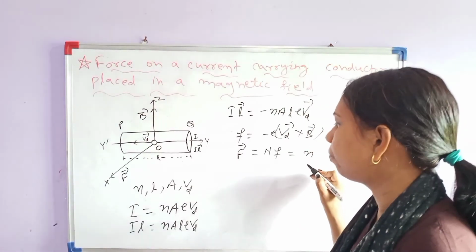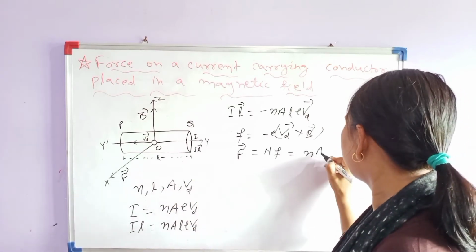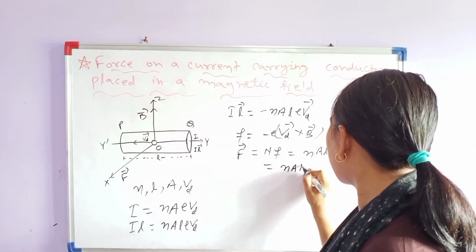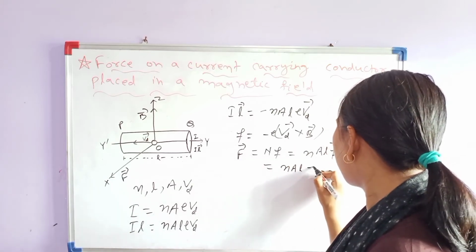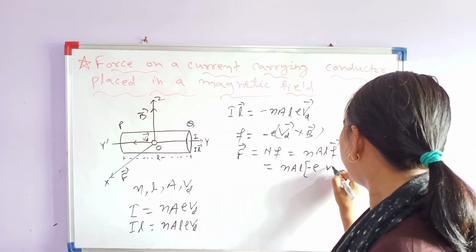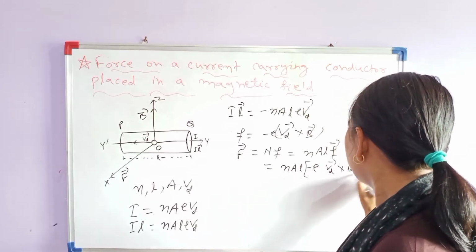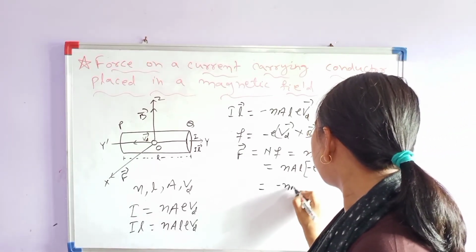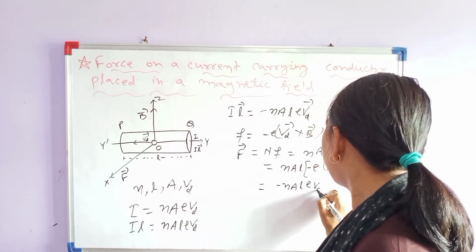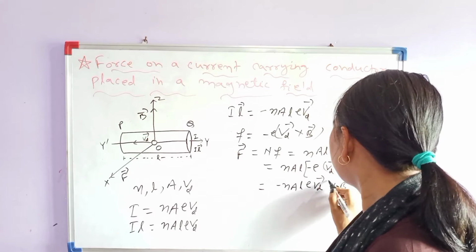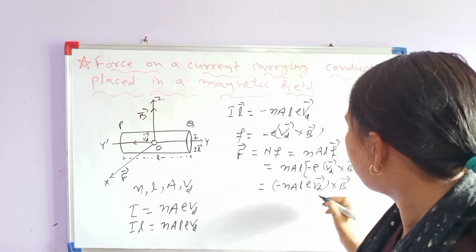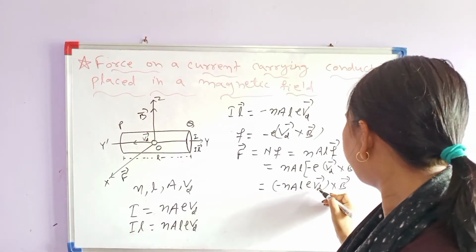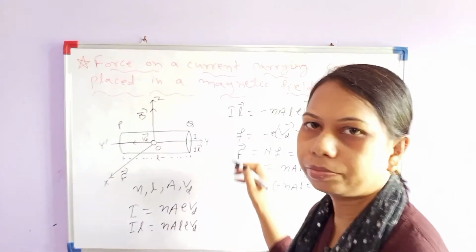Total volume equals A into L, so N equals n A L. And f means minus e Vd cross B. We can write this as minus n A L e Vd cross B. But the value of minus n A e L Vd equals IL.